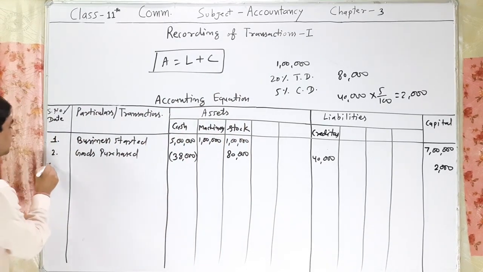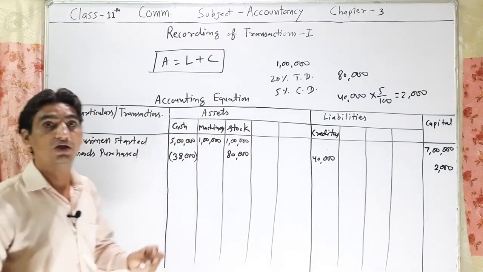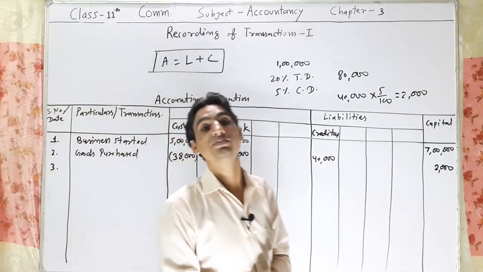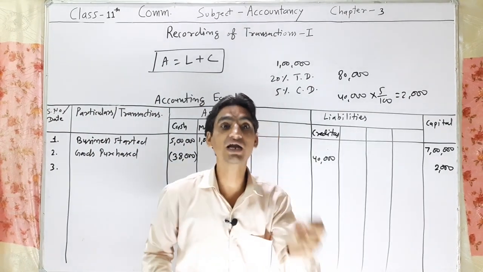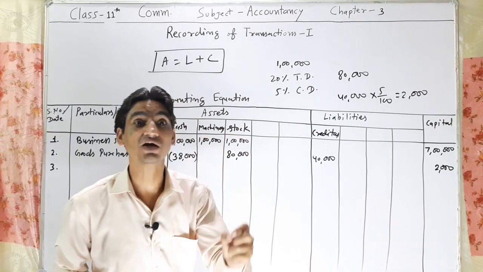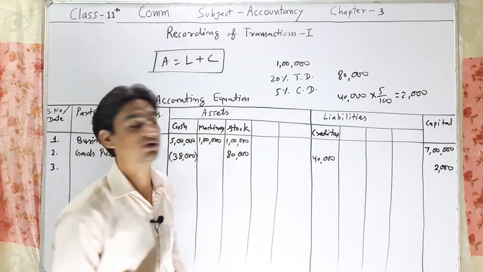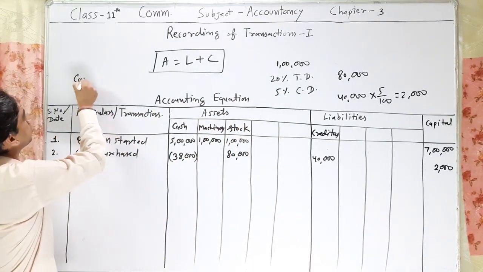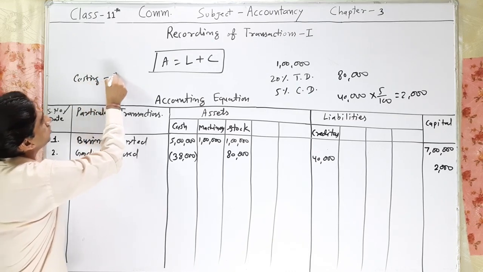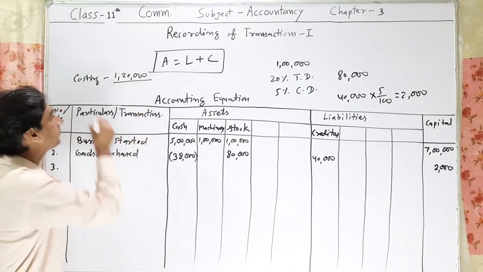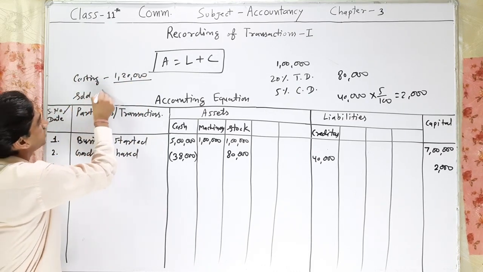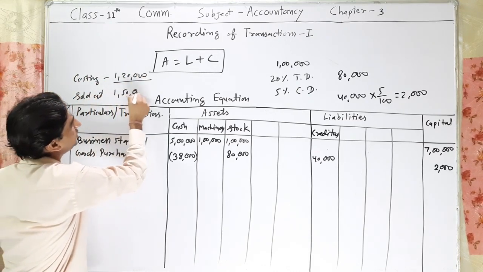The next, third transaction: goods sold, costing rupees 1,20,000, sold at 1,50,000.